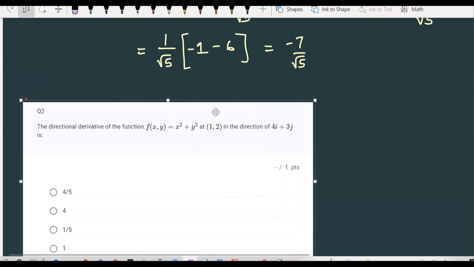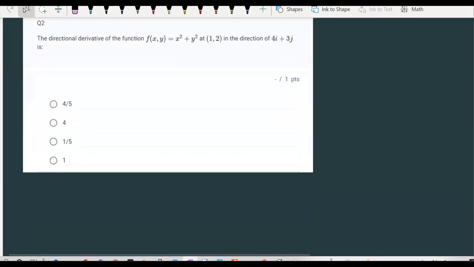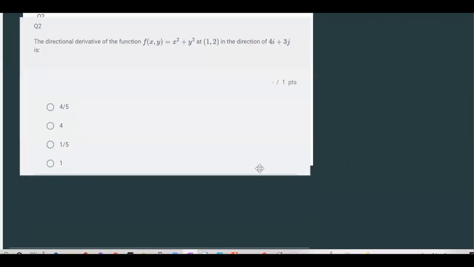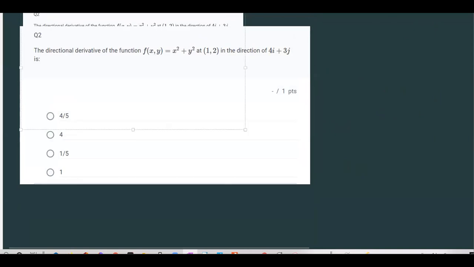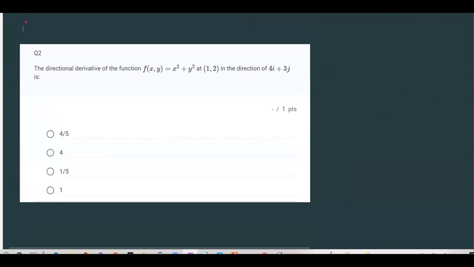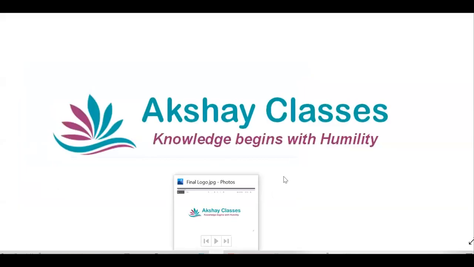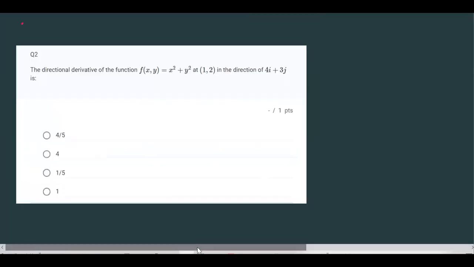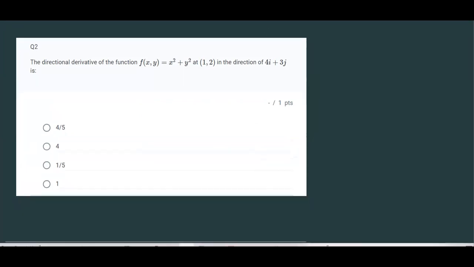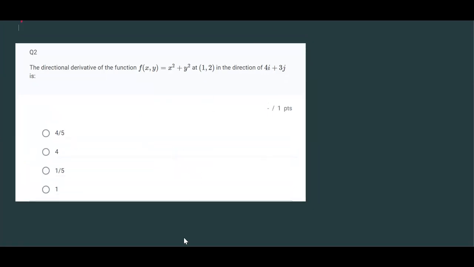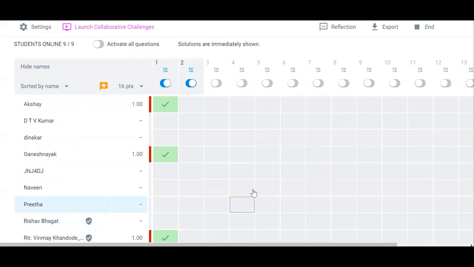This you should be able to solve in a minute. Second question.